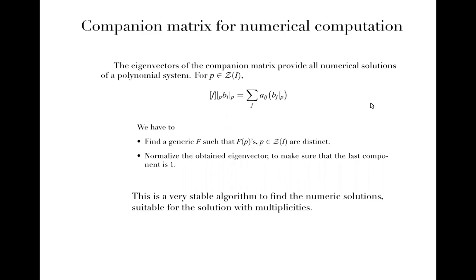You really try to find some typical solution points, and then from the typical solution point, try to follow some kind of flow on the variety, try to find more and more solutions, and eventually try to determine how many components there are in the solution set.